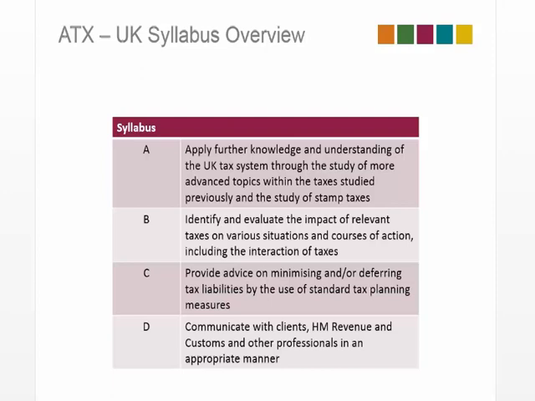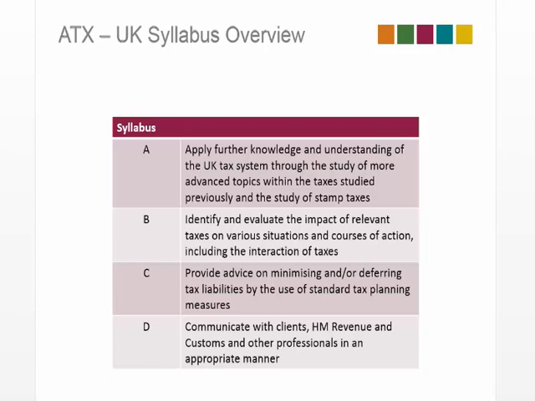What you'll look at in syllabus areas B, C and D are more skills that you need to show to be a successful student. So if you look at B: identify and evaluate the impact of relevant taxes on various situations and courses of action, including the interaction of taxes.